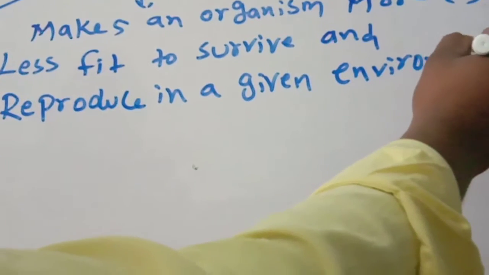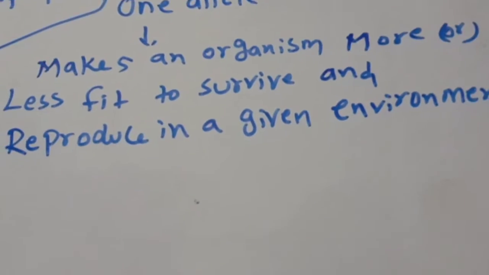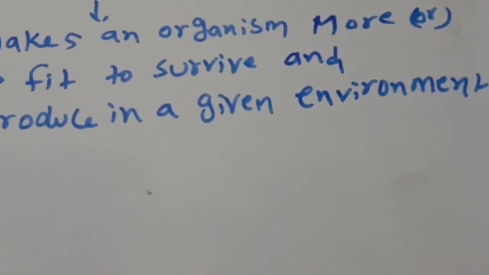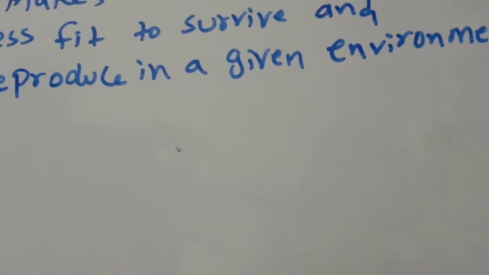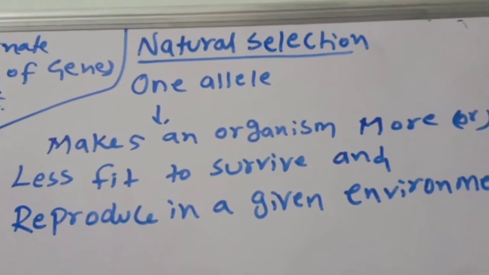Point you should remember: in a given environment. What is that one? One allele makes an organism more or less fit to survive and reproduce in a given environment.